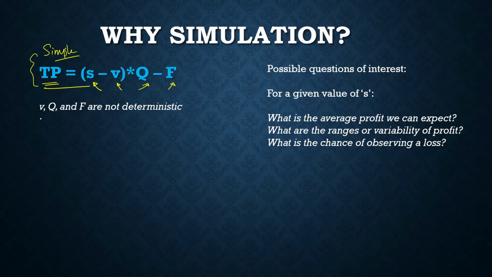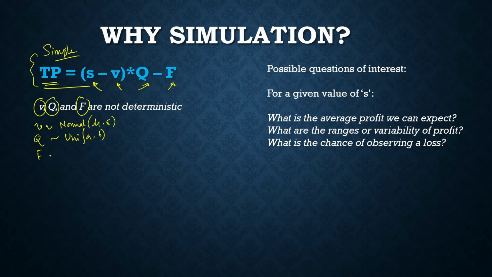But the problem is here, v, q and F, these things are not deterministic. What does that mean? That means v will follow some distribution, say normal distribution, right? Then volume may also follow some other distribution, say uniform distribution.